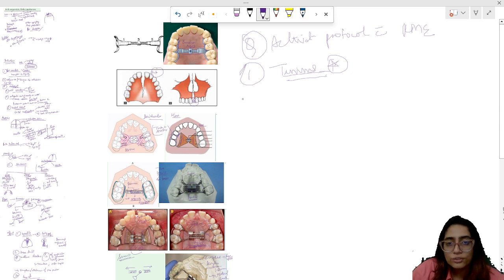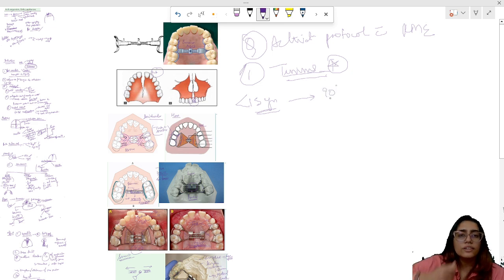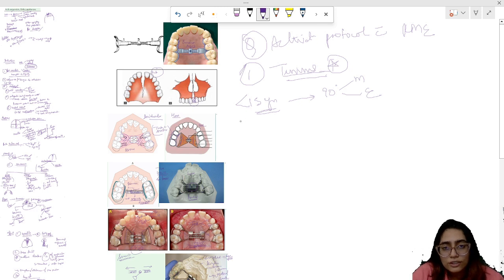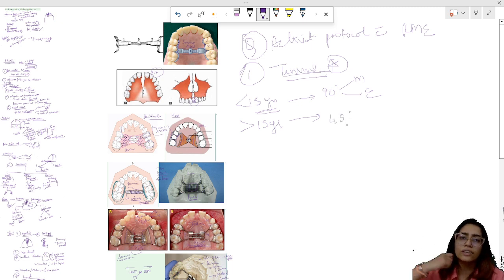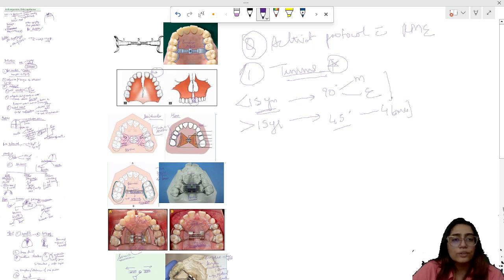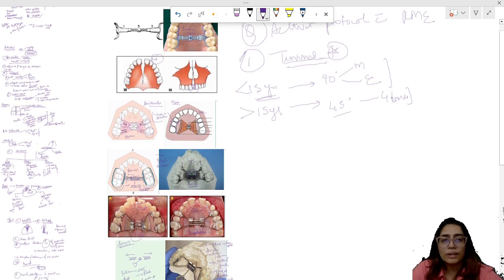According to Timms, in younger patients, that is less than 15 years of age, you need to activate by 90 degrees, that is one turn in the morning and one in the evening. While for adult patients, that is greater than 15 years of age, there will be 45 degrees of activation, that is not one complete turn, rather 45 degrees 4 times a day. So although the activation is the same, the frequency is more in the adult patient as compared to the younger patients. So this was given by Timms.